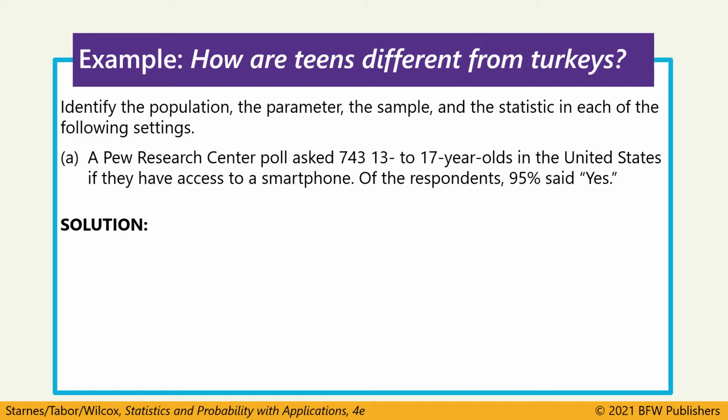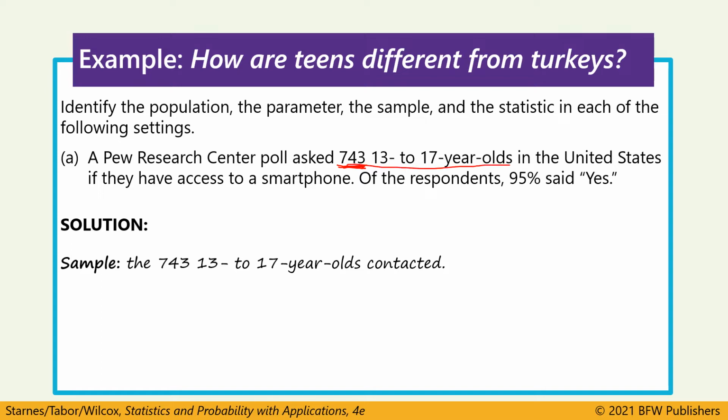So let's identify the population, the parameter, the sample, and the statistic in each of these following settings. In part A, we have a Pew Research Center poll, which asked 743 13 to 17-year-olds in the US, do you have access to a smartphone? Of those respondents, 95% said yes. So our sample is the group of 13 to 17-year-olds that we spoke to. There were 743 of them.